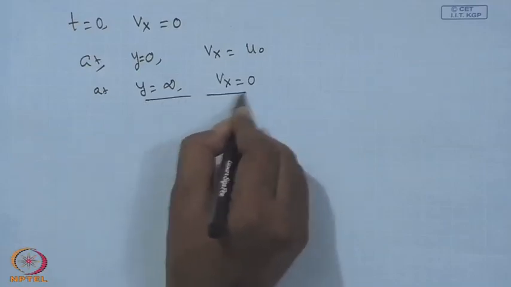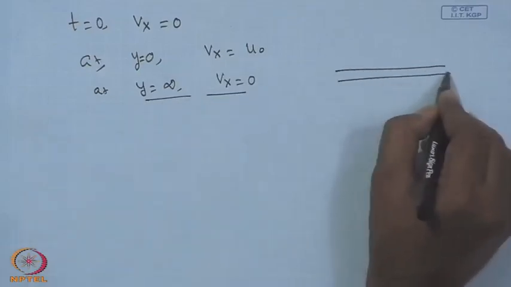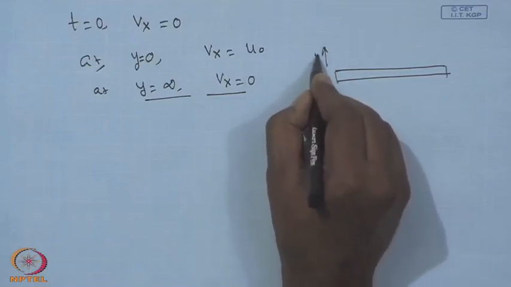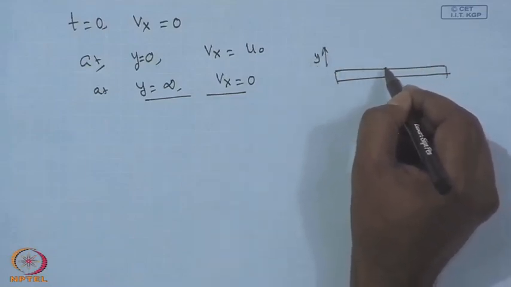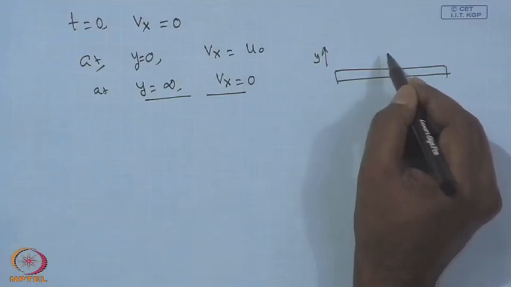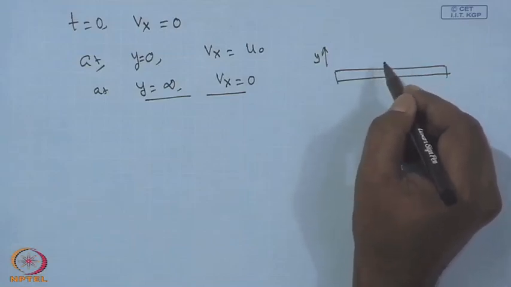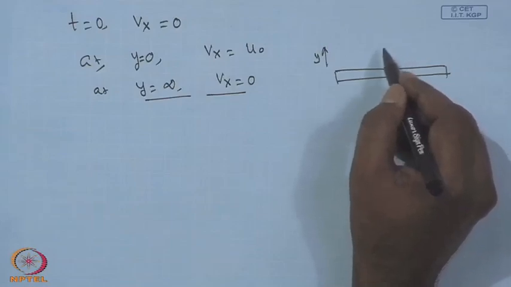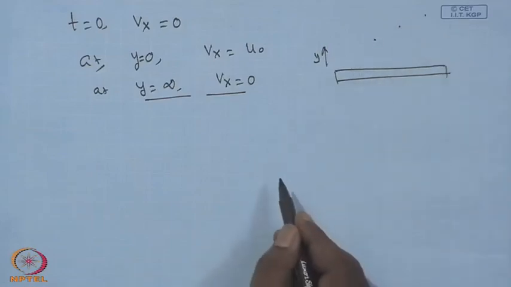Now, let us discuss this boundary condition. So, this is the plate, this is the y direction. The velocity becomes 0 when you go away to some point in your system in the y direction, but what is that point? It may be some point here, it may be some point there, but you do not know a priori at what y location V x is equal to 0.